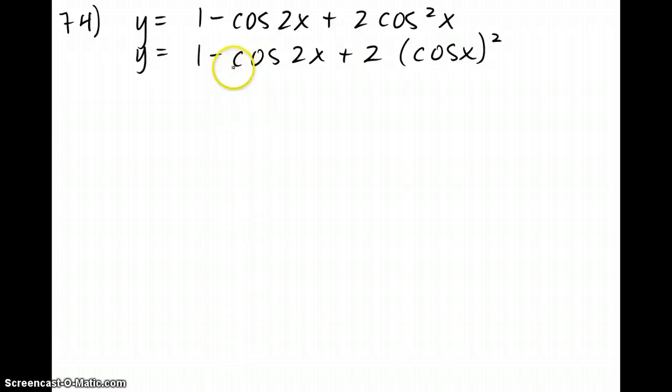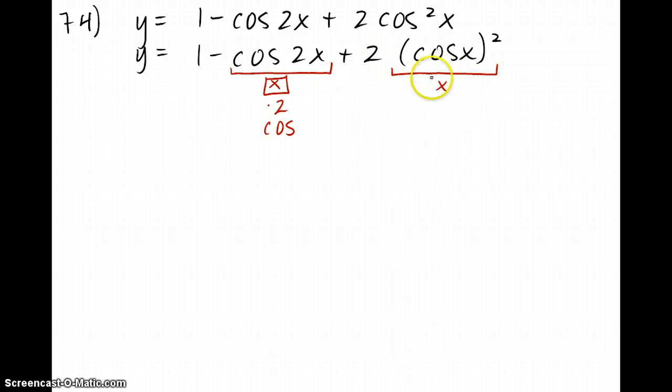When I look at these individually, this term is going to need the chain rule because x is being multiplied by 2. Then I'm taking the cosine of that function. When I look here, x, I'm taking the cosine of x first, then squaring the entire function.